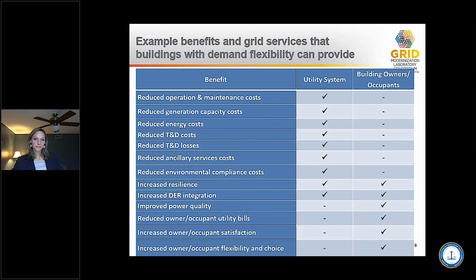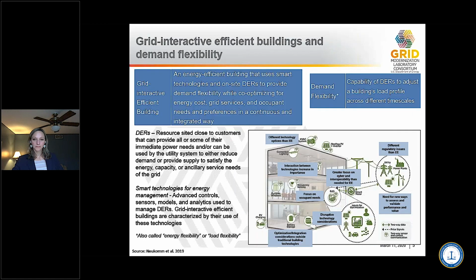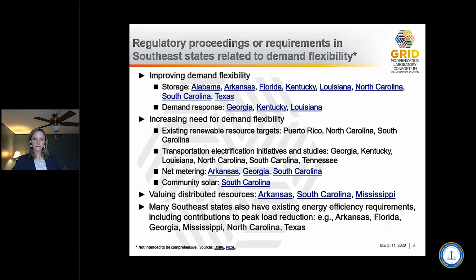And I just want to point out that Natalie and I were really pleased to see the wide range of regulatory proceedings and legislation that Southeast states have related to demand flexibility, whether there are ways to improve demand flexibility through storage and demand response.